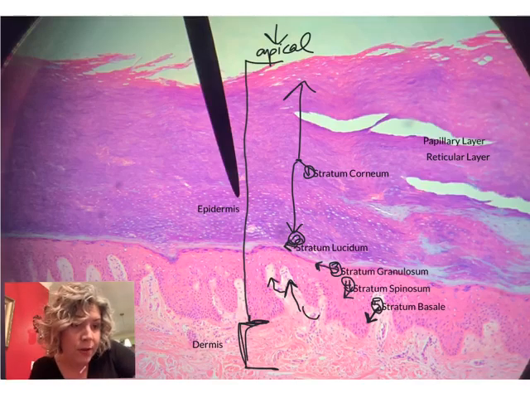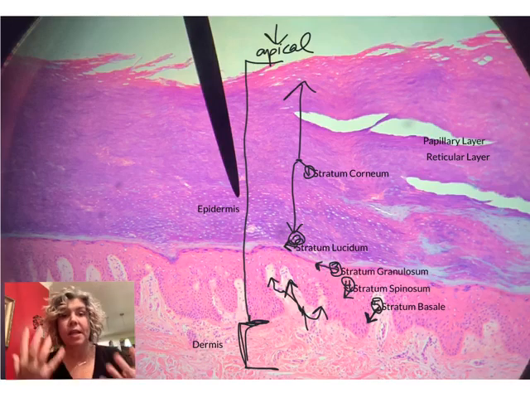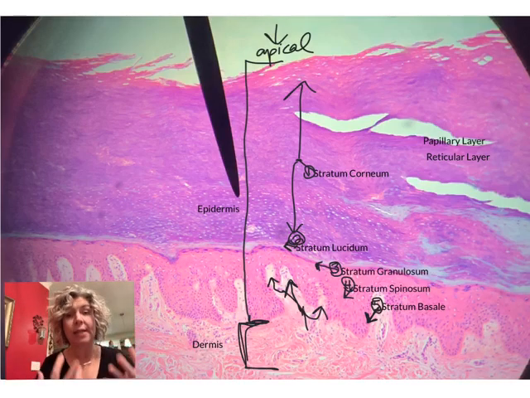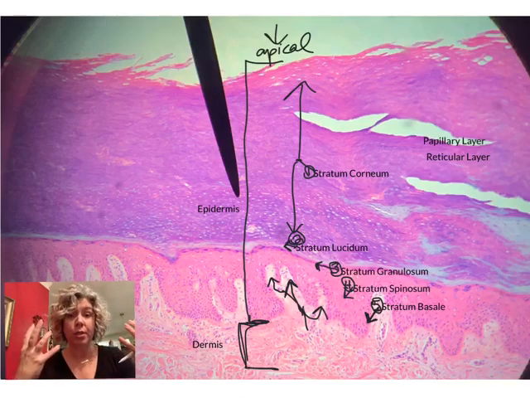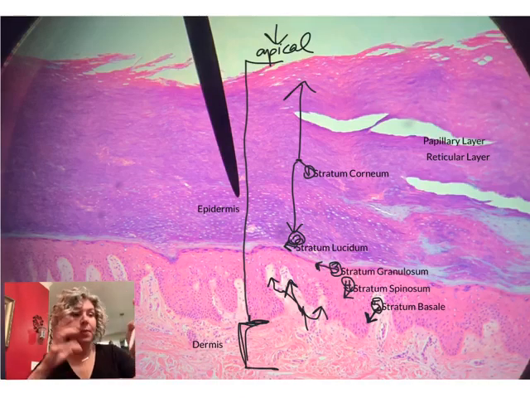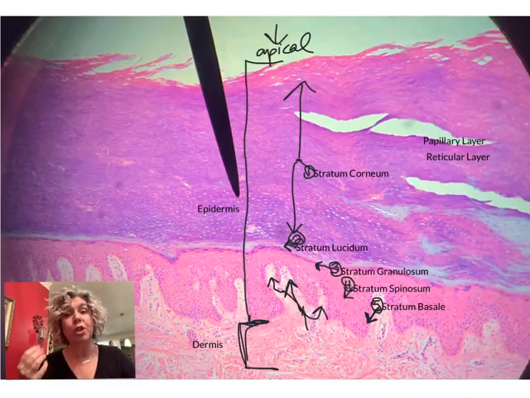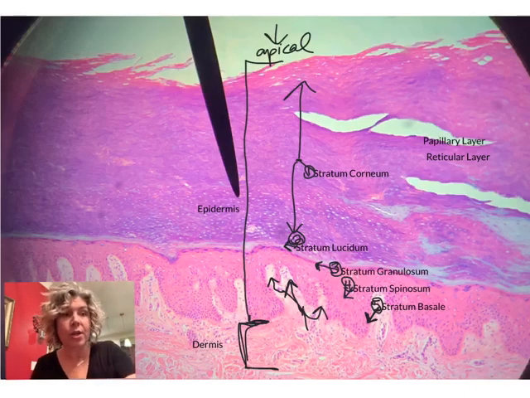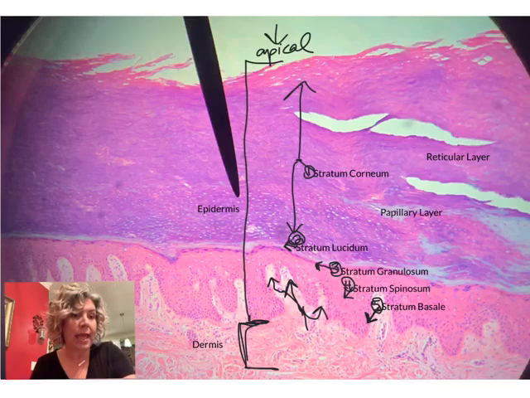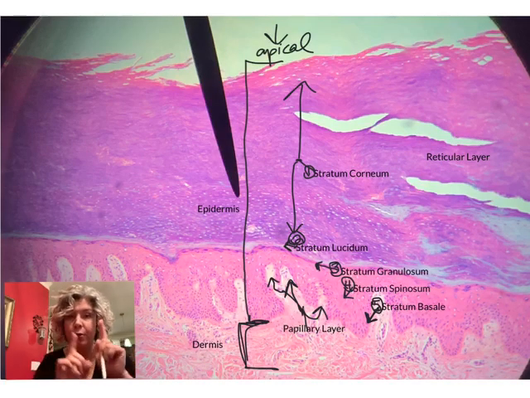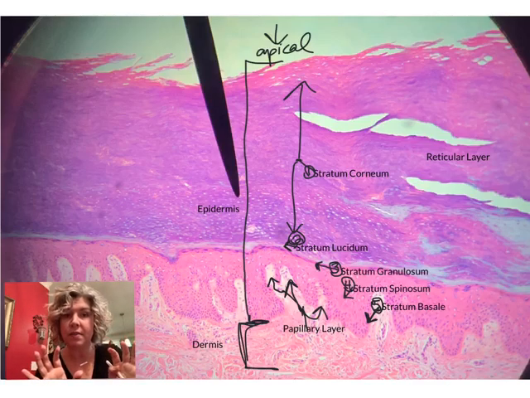We come around, there's another one right here. So you can see all of these little fingers that are projecting upward into the epidermis. Those finger-like arrangements are called dermal papillae. So we call this the papillary layer. So I'm going to move my label, papillary layer, right in there. My arrows are pointing up in those fingers.